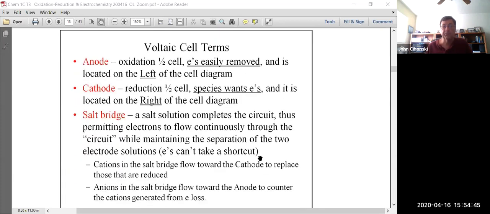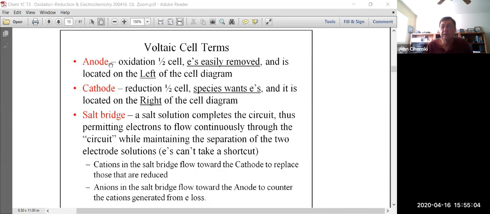Okay, now, a couple terms that we want to make sure we understand. We used them in the last slide, but let's be a little more specific. If you remember, up above on the zinc side, we said that was the anode.